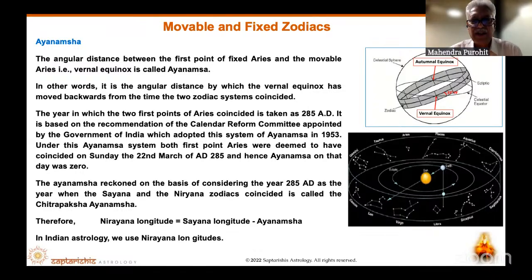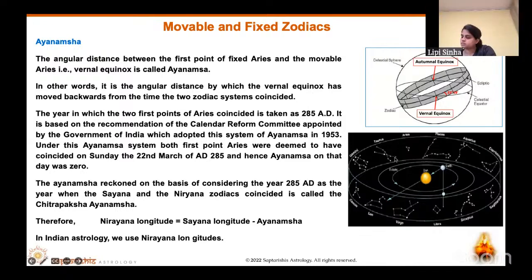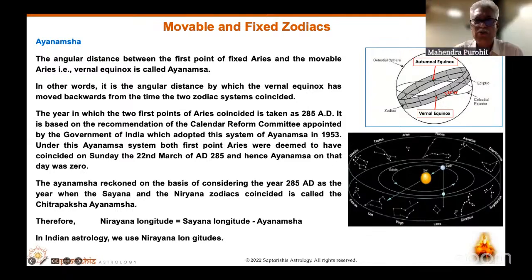If we consider this system of ayanamsha, taking 285 AD into consideration, then this system is called Chitrapaksha ayanamsha. This is what we mostly use. This was given by N.C. Lahiri. N.C. Lahiri was the chairman of that committee, and he was also a Government of India official at the Positional Astronomy Centre, Kolkata at that time.